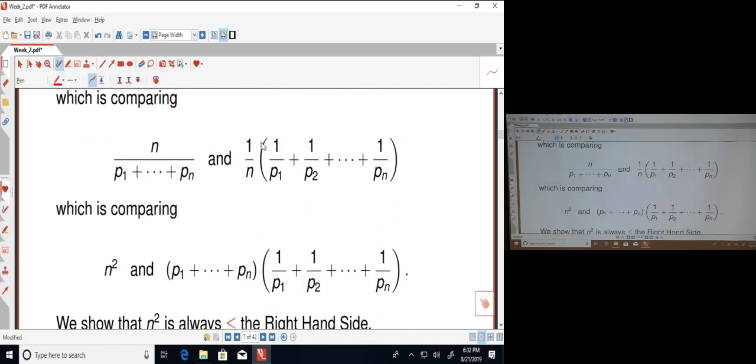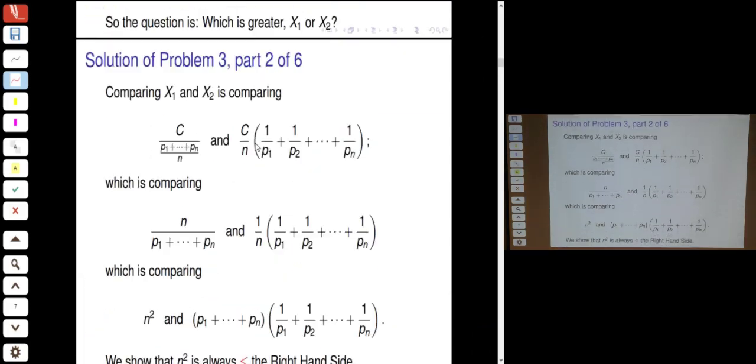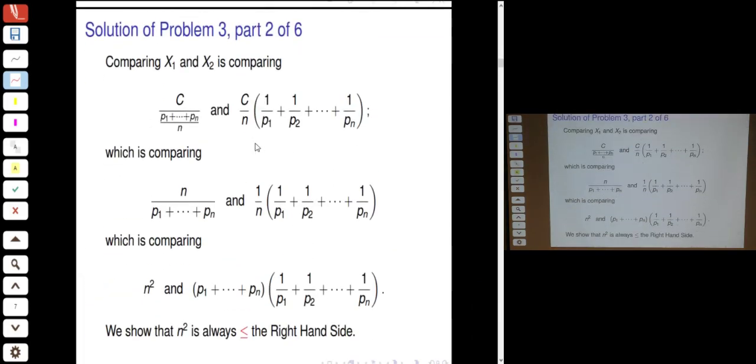So let us compare the two. What is x1? x1 is C over P bar, which is C over P1 plus P2 up to Pn, and x2 is C over n times 1 over P1 plus 1 over P2 up to 1 over Pn. So which one is larger?